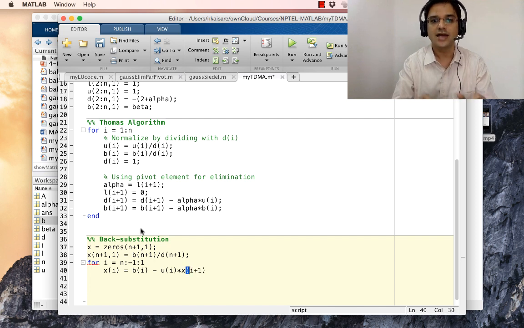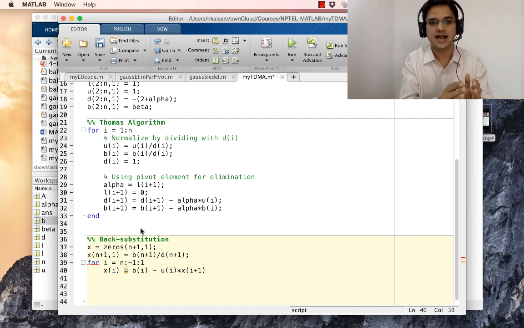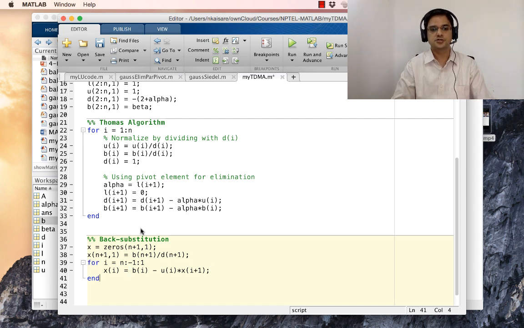Keep in mind u_i is nothing but A_i,i+1, which multiplies x_i+1. We take that to the right-hand side, subtract it from b_i and divide by 1. We don't need to do that division because dividing by 1 leads to the same result, and end. Okay, that is the back substitution that we needed.